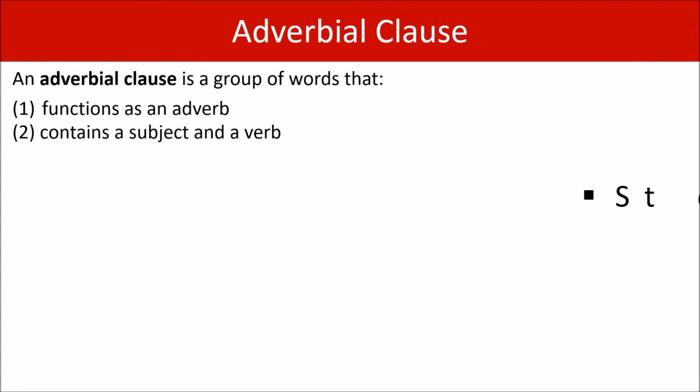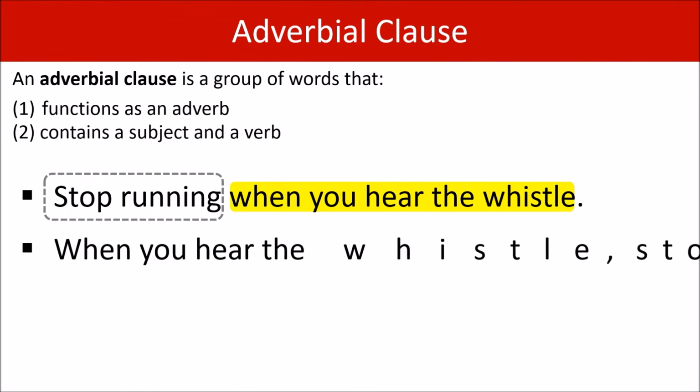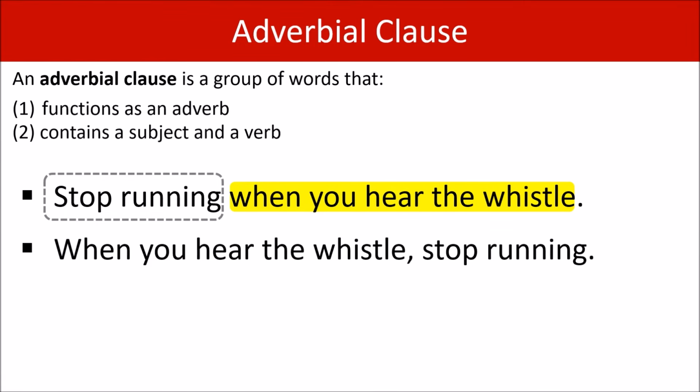Let's put up another example. Stop running when you hear the whistle. When you hear the whistle is an adverbial clause. It's an adverbial clause that tells us when. This is our main clause. Stop running. That could be a standalone sentence. Now, here's the point I wanted to make. An adverbial clause is not always after the main clause.